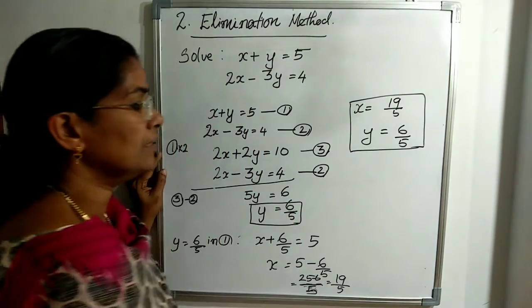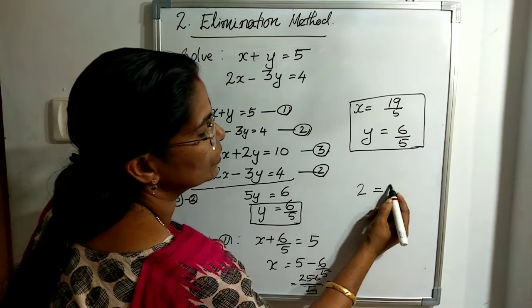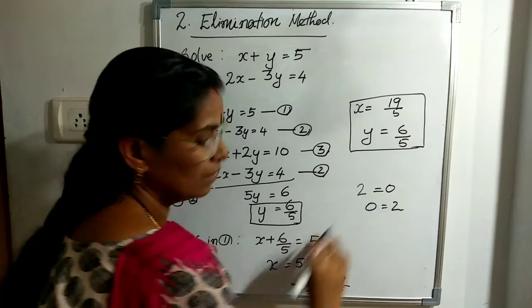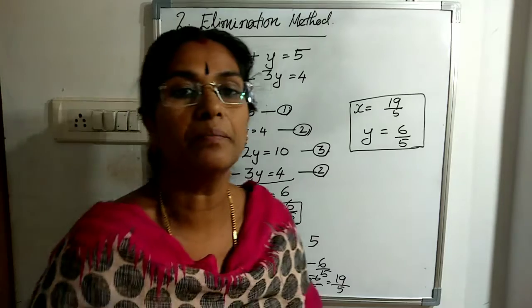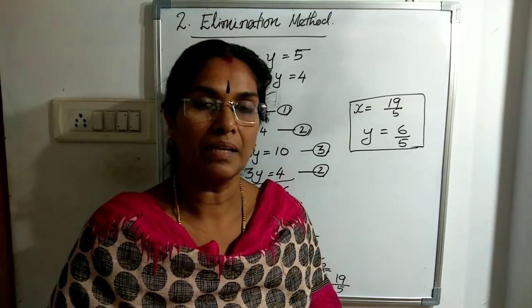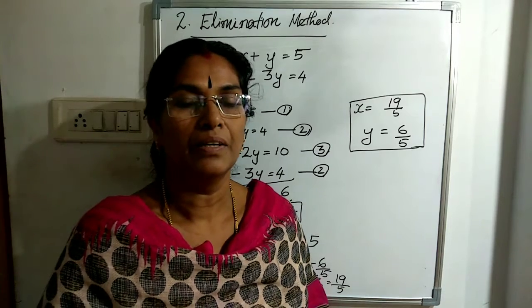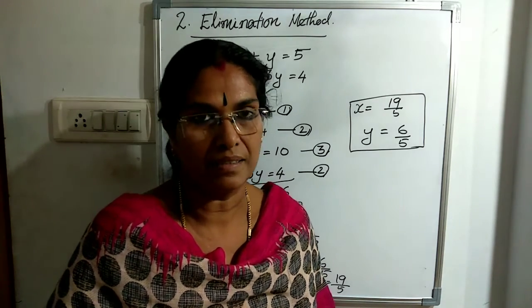Sometimes we will get a false statement, like 2 is equal to 0 or 0 is equal to 2, without a variable. Then we say this pair of linear equations has no solution. It is inconsistent.